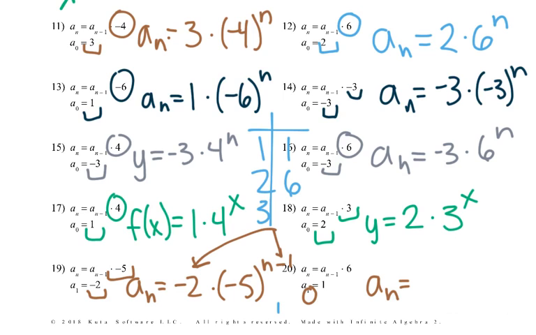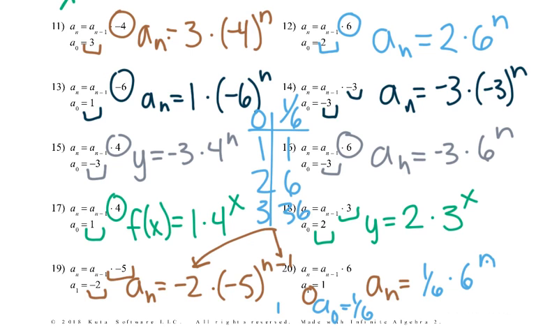Second term 6, third term 36, and so on. So if I go back to the 0 term, that would be 1 over 6. So I could make my a sub 0, and then it would be 1 over 6 times 6 to the n. Okay. So that's up to you and how you do it, but in case you see those 1s down there, that's kind of what we want to deal with right there.